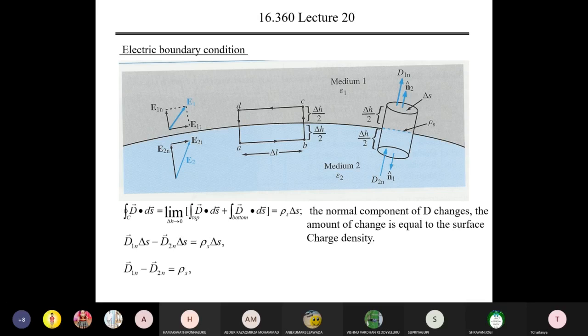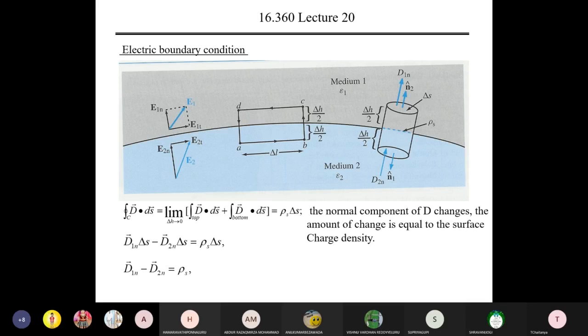In the limit H tends to 0, the integral over the top of D dot dS plus the integral over the bottom of D dot dS equals the total surface charge, rho s into delta S. So at the top end, consider D1n into delta S, and at the bottom end the flux density is D2n, so D2n into delta S, equal to rho s into delta S. From this, delta S is a common term; you take it out, and delta S cancels from the right-hand side as well as the left-hand side of the equation.